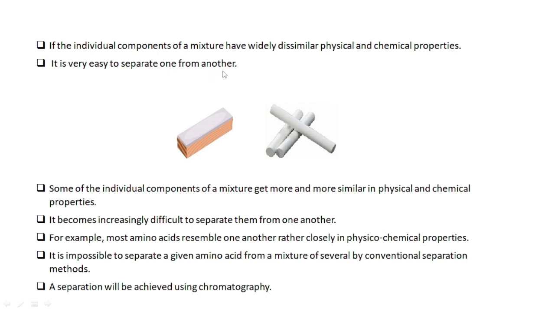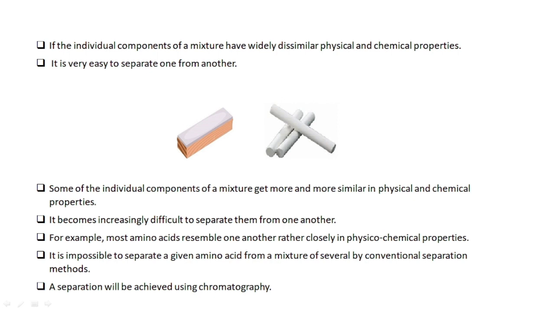Generally, such compounds we can easily separate physically. For example, if you take this duster and this chalk piece, we can discriminate these two simply by physical means. If we want to do it chemically, we can, because this duster is generally made up of cellulose and this chalk piece is made up of calcium carbonate.